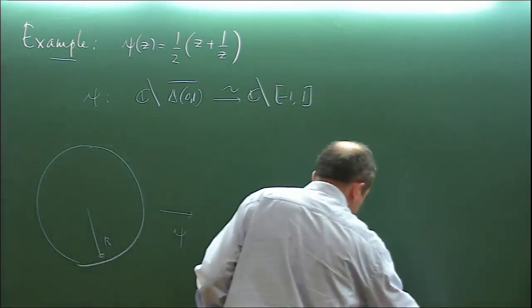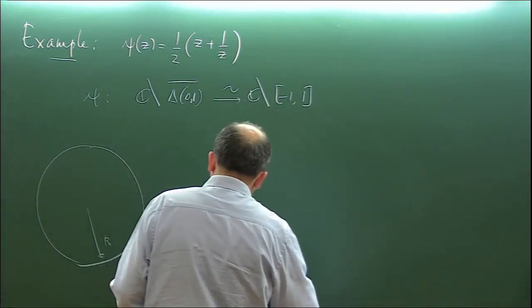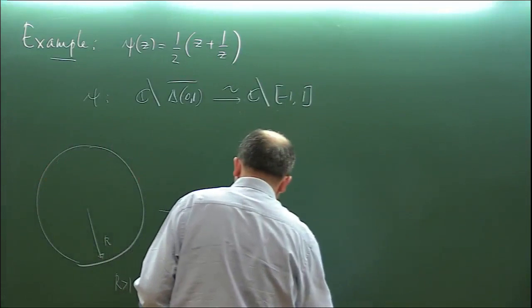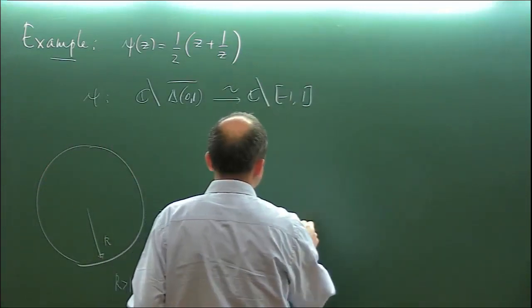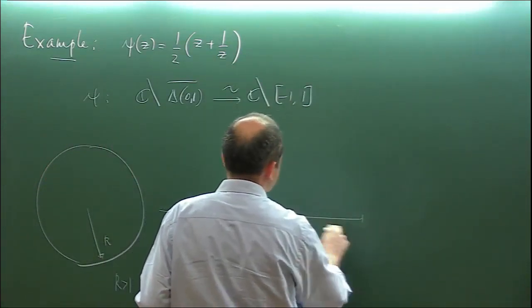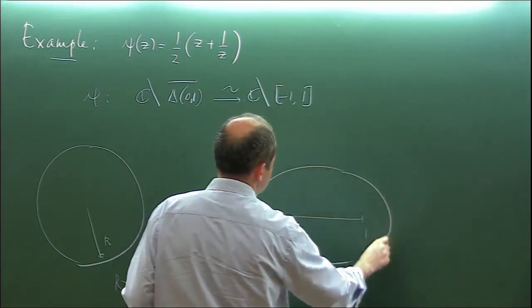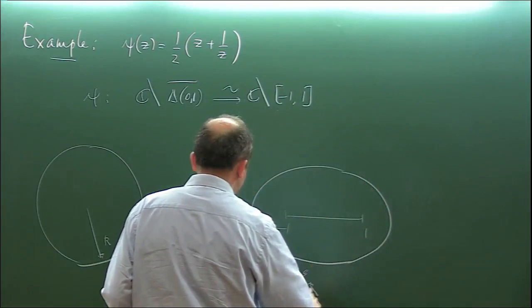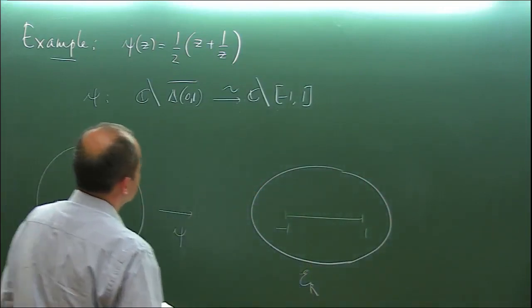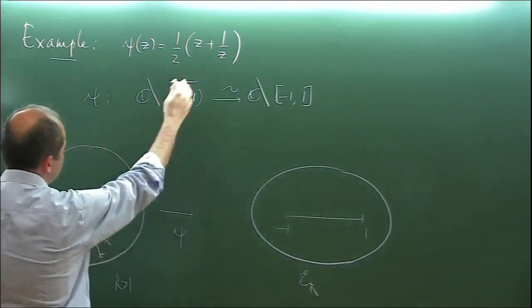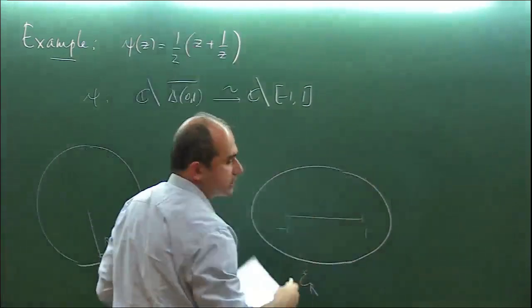Here is the interval from minus 1 to 1. Choose r bigger than 1. This is the interval minus 1 to 1, and the image of this circle is the ellipse. So let's call this E sub r. And as your circle expands, this also fills up the whole thing here.